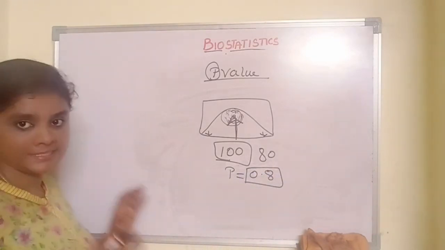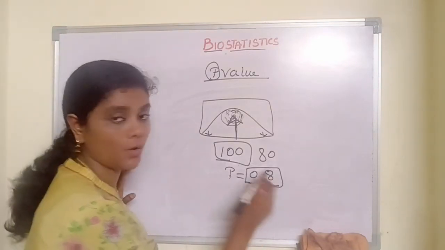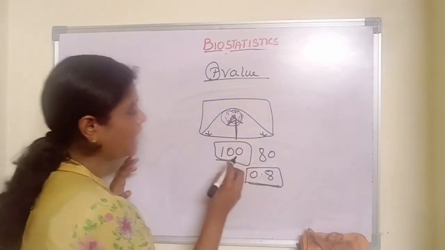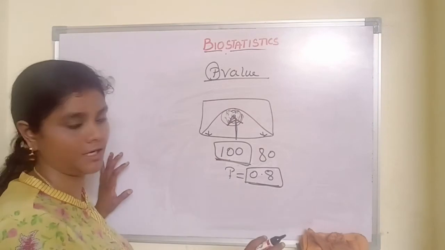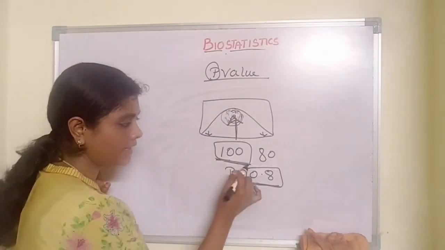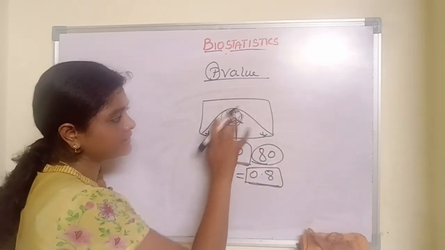If for example you have studied somewhere, the p-value is 0.8. A p-value of 0.8 means that out of 100 times, if I repeat the same action, 80 times I have a chance of touching the center.